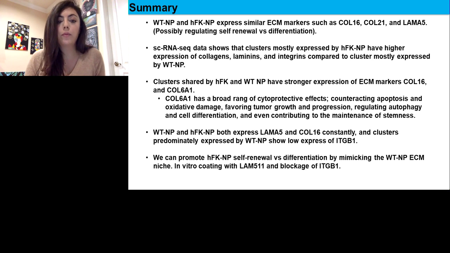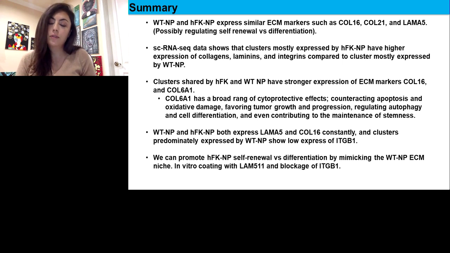We also see that Wilms tumor nephron progenitors and human fetal nephron progenitors both express laminin 511 and collagen 16 consistently, and clusters predominantly expressed by Wilms tumor nephron progenitors show very low expression of integrin beta 1.